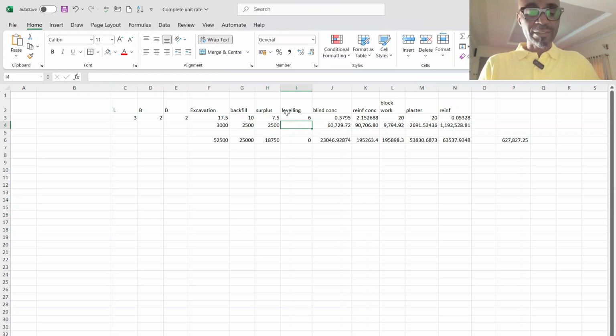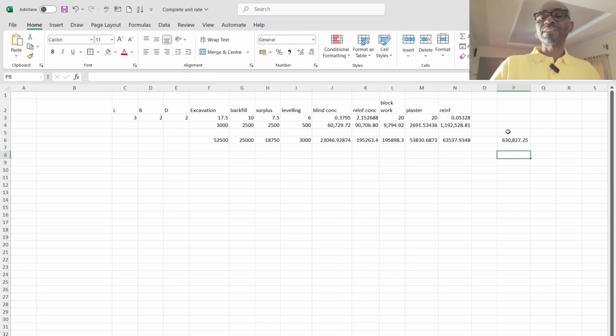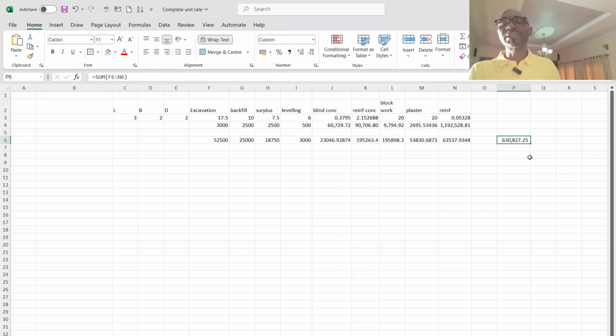Level and compacting 500. I'm done. As soon as I do this, I have 630,000 as my cost. So you can as well follow this illustration to build up your spreadsheet that you have handy to respond to your client as fast as possible.